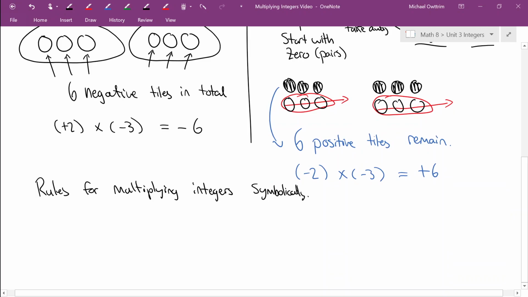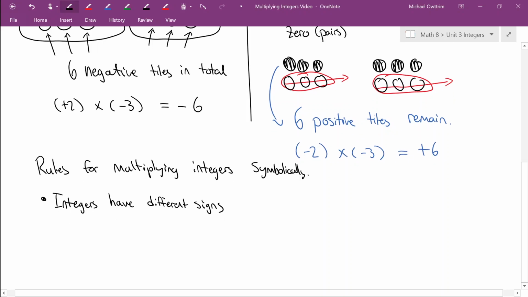If our two integers have different signs, like our positive 2 and negative 3 on the left there, the product will be negative. If the integers have the same signs, so both positive or both negative, then their product will be positive.